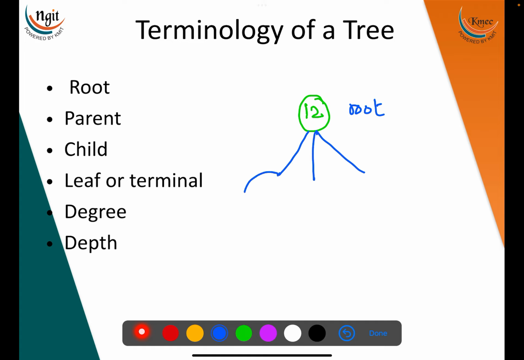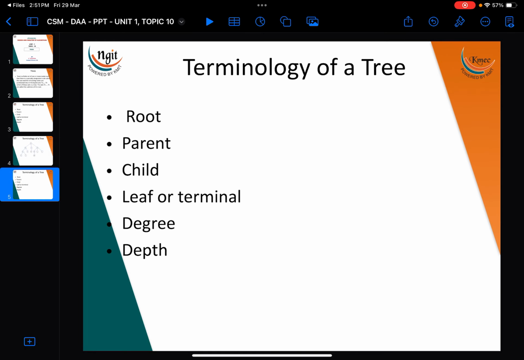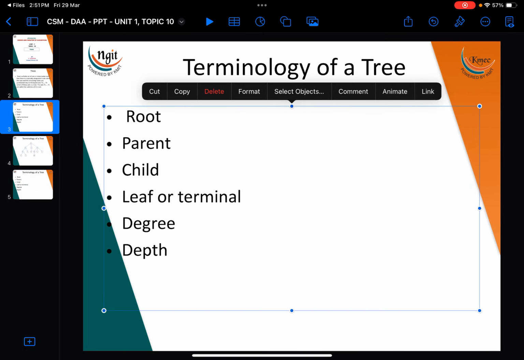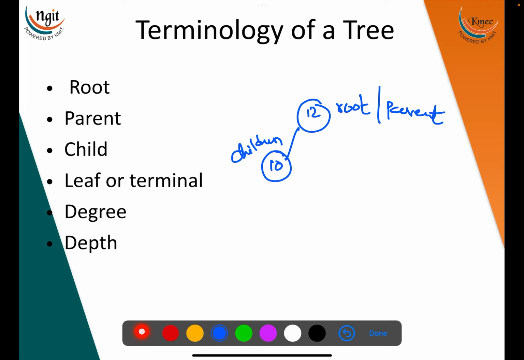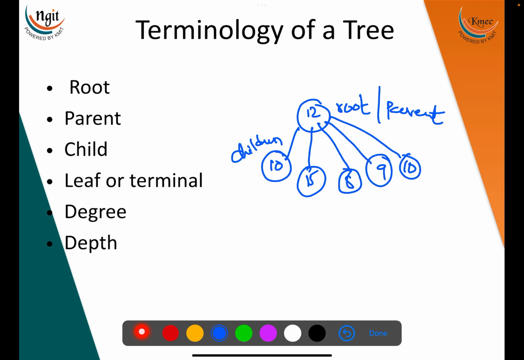The second element I take as 10, and this is a child. 12 is the root and also called the parent node. Now 12 has another node, which is 15. Assume the others are 8, 9, 10.